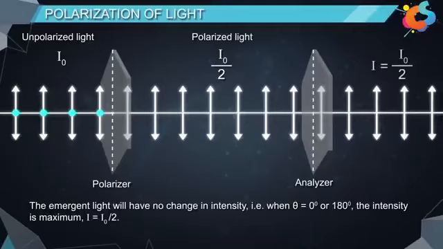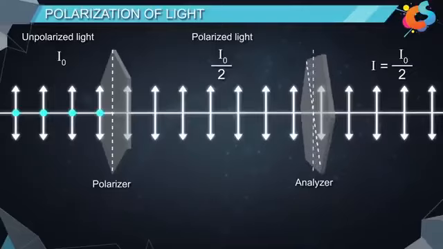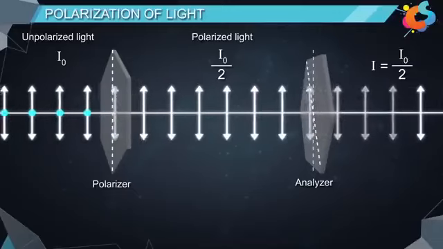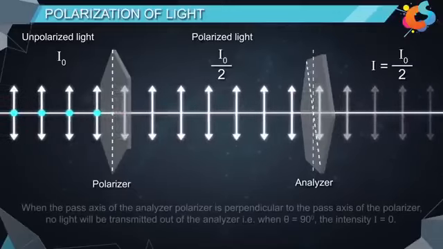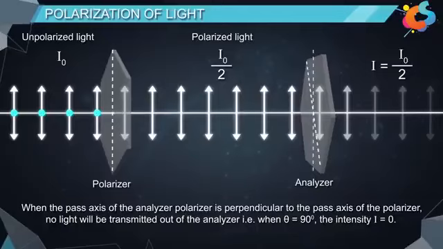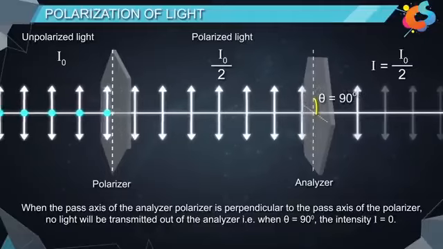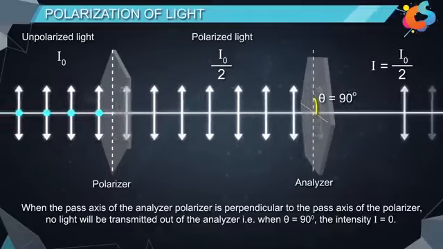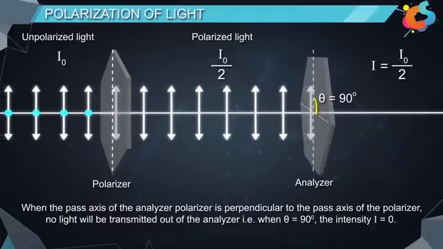That is, I is equal to I0/2. I0 is the maximum intensity. If the analyzer is rotated by an angle theta, then the intensity of the emergent light decreases. When the pass axis of the analyzer is perpendicular to the pass axis of the polarizer, then no light will be transmitted out of the analyzer. That is, when theta is equal to 90 degree, then the emergent intensity I is equal to 0.